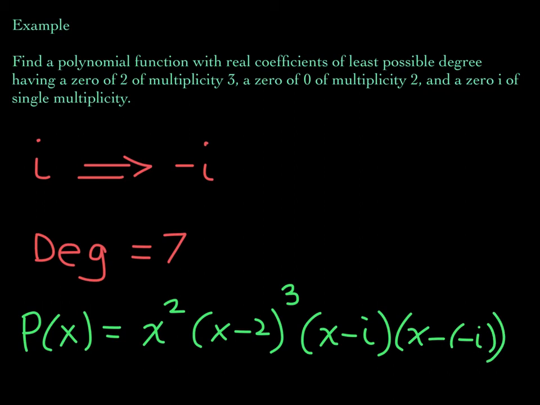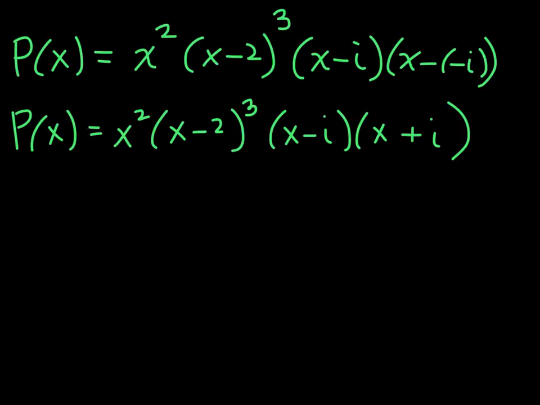So what I'm going to do at this point is I am going to multiply all of this out. So I'm going to distribute, and I'm going to get my function in standard form. All right, so I'm going to show you step by step here. So I wrote this as x plus i. I'm going to go ahead and distribute these right now.